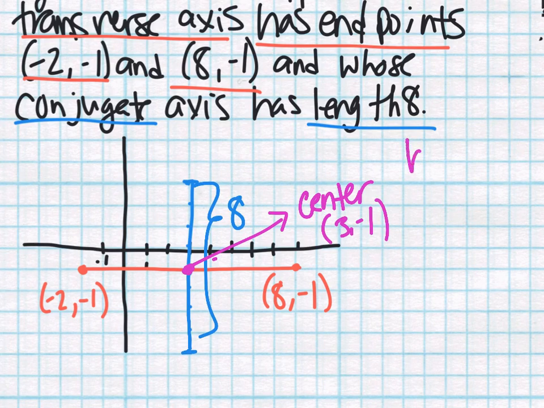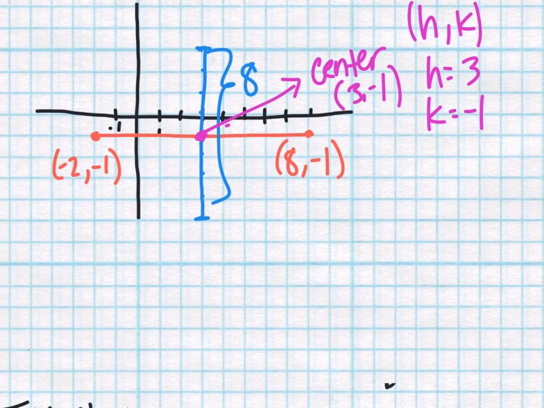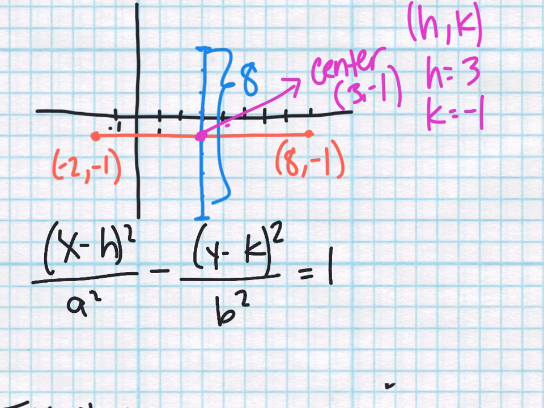Usually we use h and k, so we know that h is 3 and k is -1, because that corresponds with the center. The standard form of the equation for this type of hyperbola looks like (x minus h) squared over a squared minus (y minus k) squared over b squared equals 1.